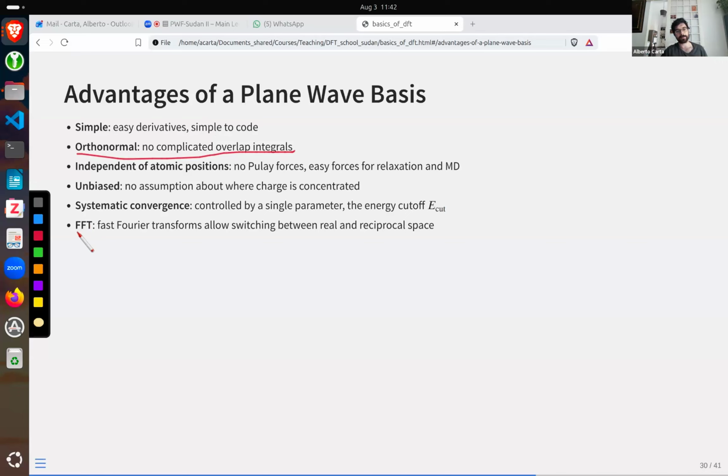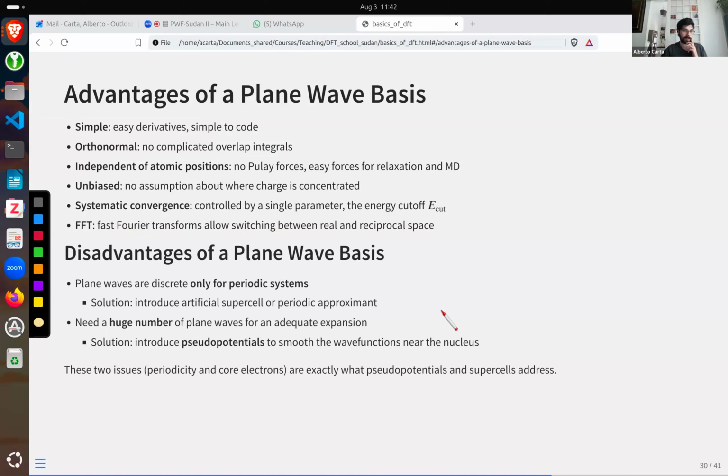And another thing, from a more computational side, is that the fast Fourier transform is what allows us to be extremely efficient in solving this problem. So we can exploit one of the most amazing algorithms in computer science in order to make these calculations really, really extremely fast.